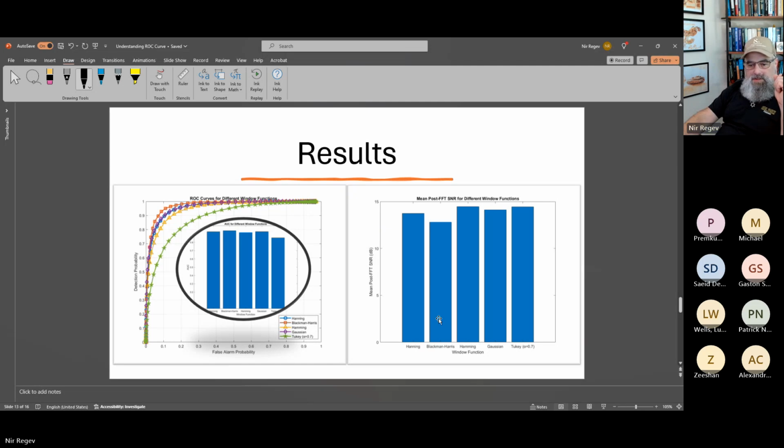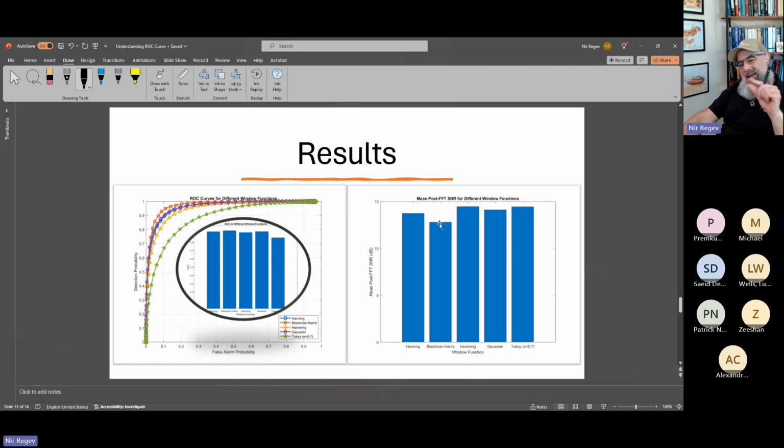So unlike common methods that we know in radar, SNR is a good indicator for a lot of things, but it's not the only indicator that is affecting our classifier performance, because we see here that in terms of the area under the curve, the Blackman-Harris window is the best.